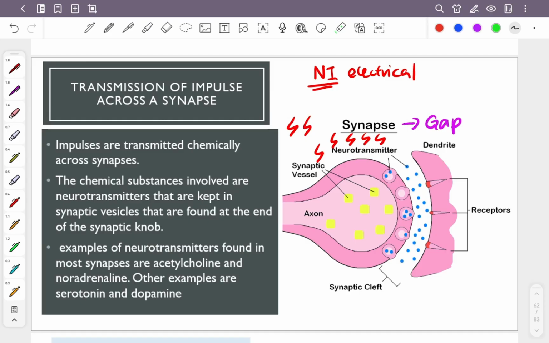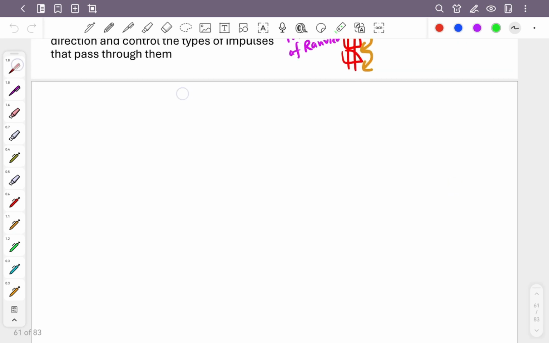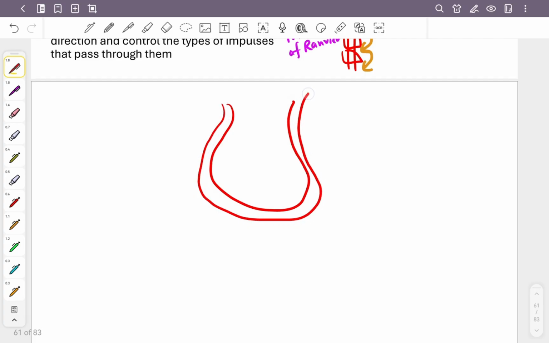Examples of neurotransmitters we are going to see later. I have another slide for this. Now you have this synaptic node. It looks like this, so you can also draw with me. This is the presynaptic membrane.